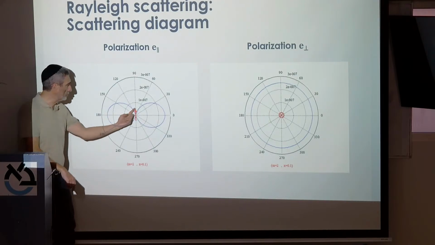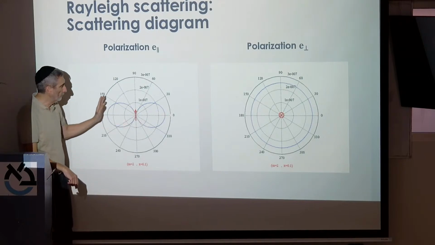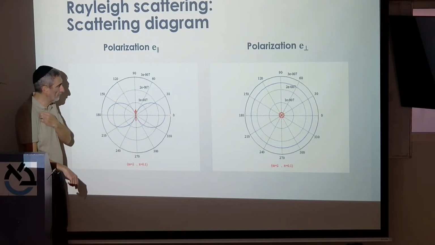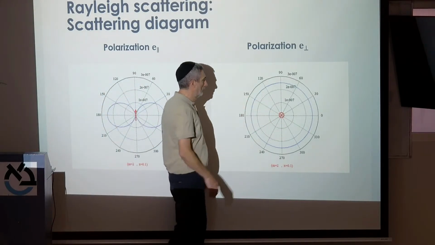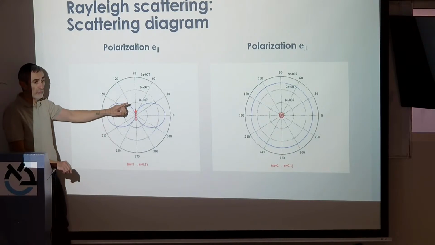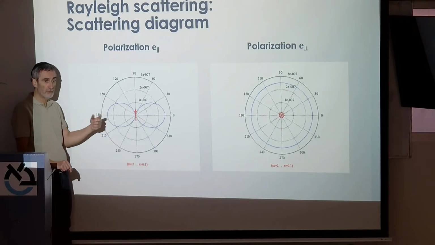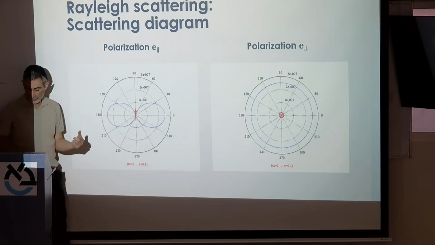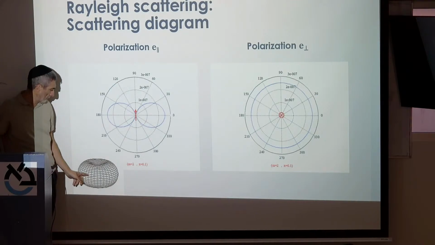And if the polarization now is perpendicular to the plane like that, so you come with the plane wave, and you have a radiation field which is circular like that. So if you combine the two, don't forget that we have also the phi term, which has a symmetry of revolution. So actually, the scattering by a small particle looks like this donut shape.